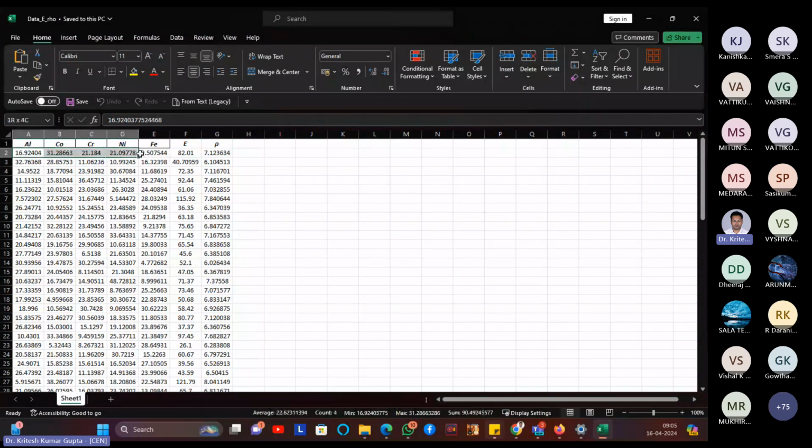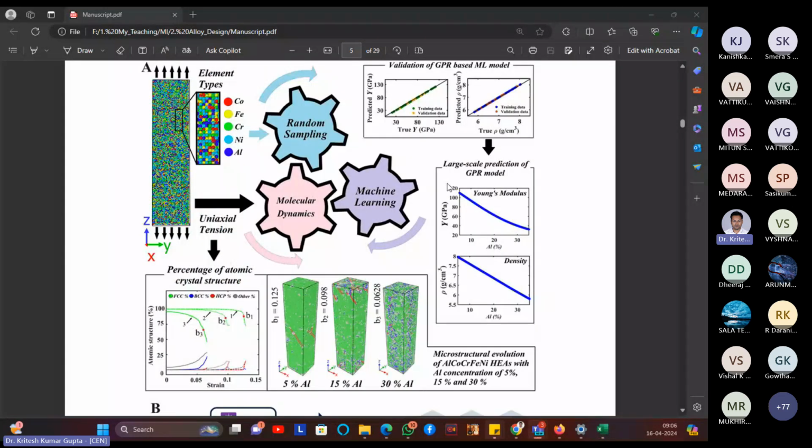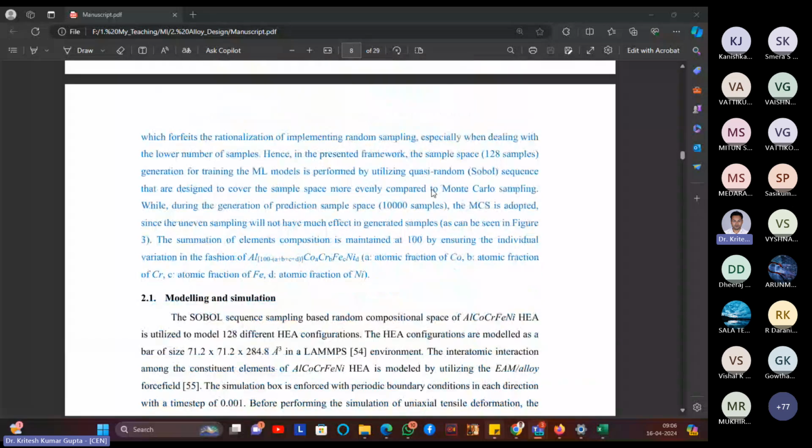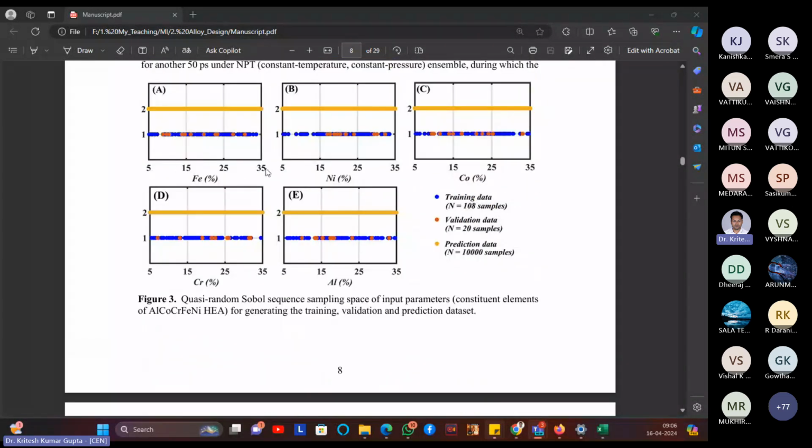Now, if you look at the constraints over here, the first constraint is that the compositional summation should be 100. For each individual sample, you will see the composition sums up to 100. Another constraint is that the individual concentration must vary within 5 to 35%.